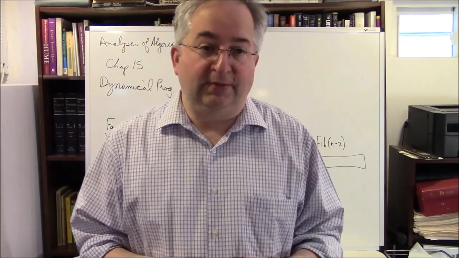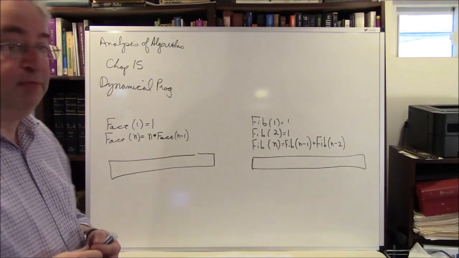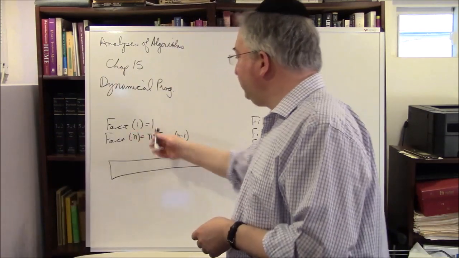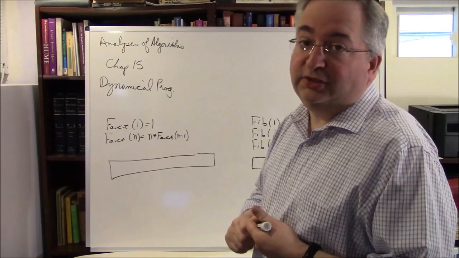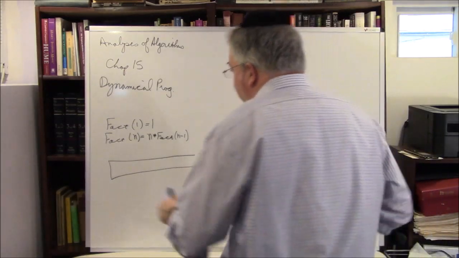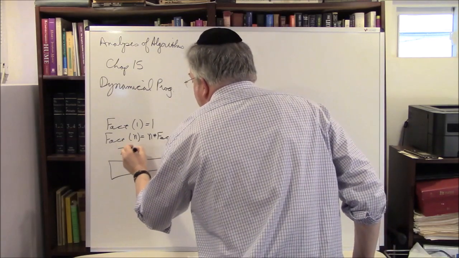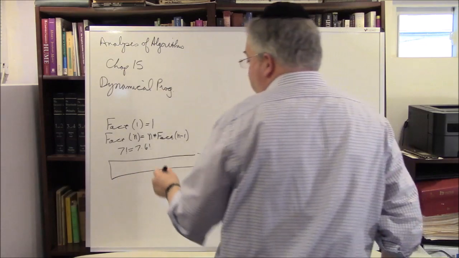Let me show you an example. The simplest example of recursion, the one that you saw in the first semester programming, is factorial. So let's just remember what it is. 1 factorial is 1, n factorial is n times (n minus 1) factorial. So if I ask you what 7 factorial is, well that's equal to 7 times 6 factorial. Great, but what's 6 factorial?